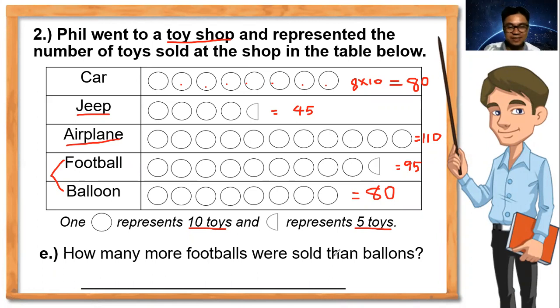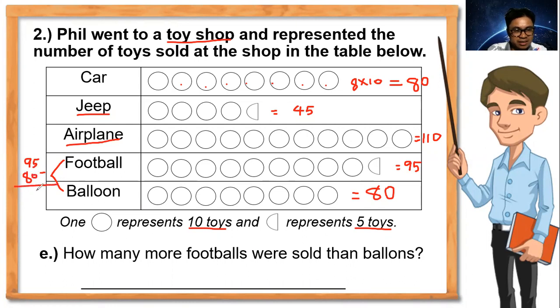Compare footballs, how many? 95. So let's subtract 95 minus balloons, 80.